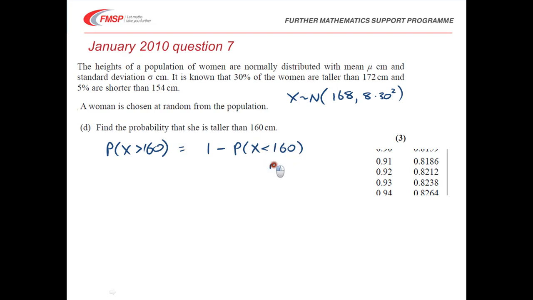So if I standardize 160, that's going to give me 160 minus 168, all divided by 8.30. And if I do that, that's going to give me a z value of minus 0.92. Now, you can only really use z values to 2 decimal places, so we don't really have too much issue if you're calculating z to use to do that.